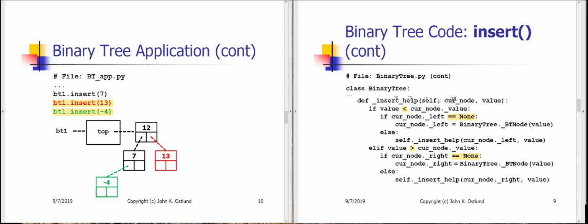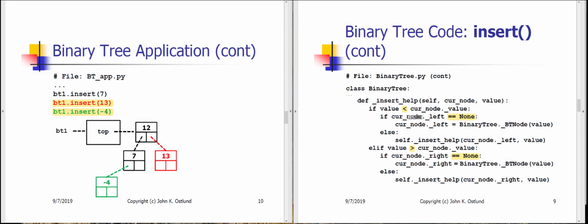So here we have a recursive call of insert help. Self still refers to the binary tree as a whole. Cur node is a reference to the node containing the 7. Value is -4. -4 is less than 7, and 7 is at the bottom of the tree.